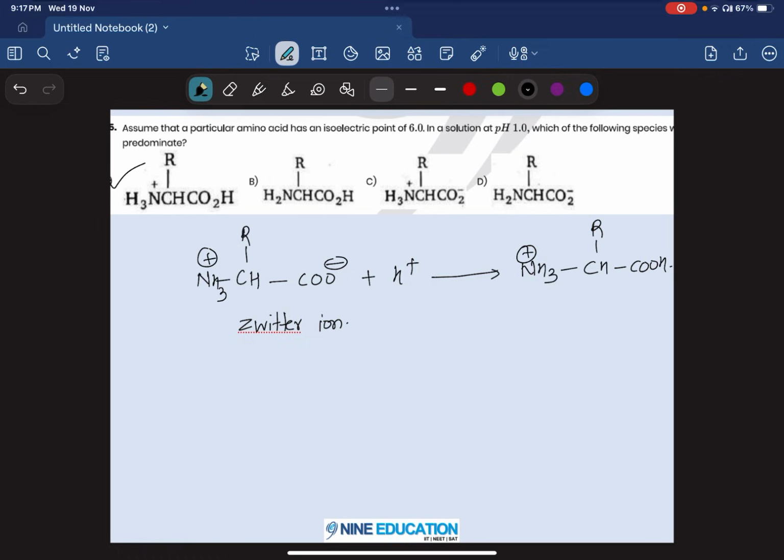So option A would be the answer. In case of basic medium, if you increase the pH, what will happen? Instead of the carboxylate ion, the proton linked to the NH3 plus ion will react, and a different type of ion is found: NH2, CH, COO minus. Option A is the answer.